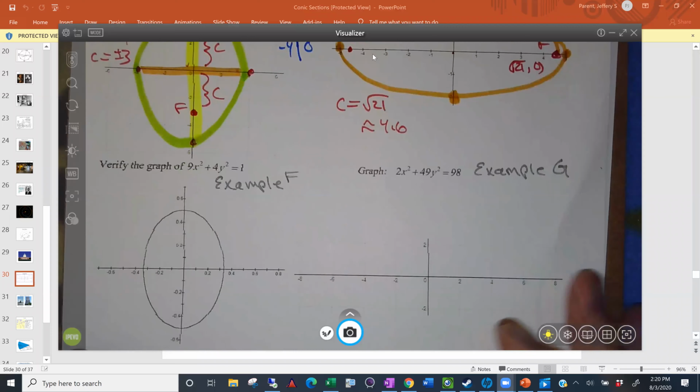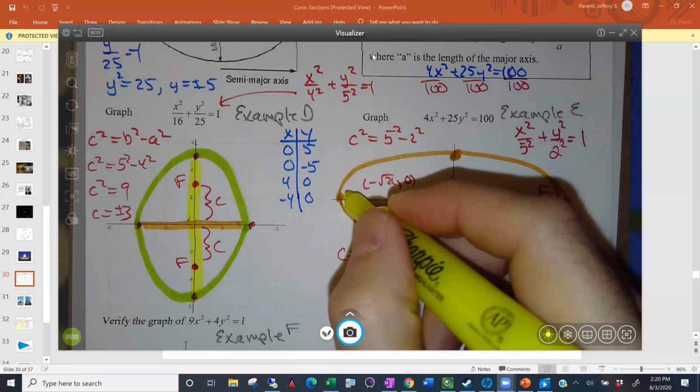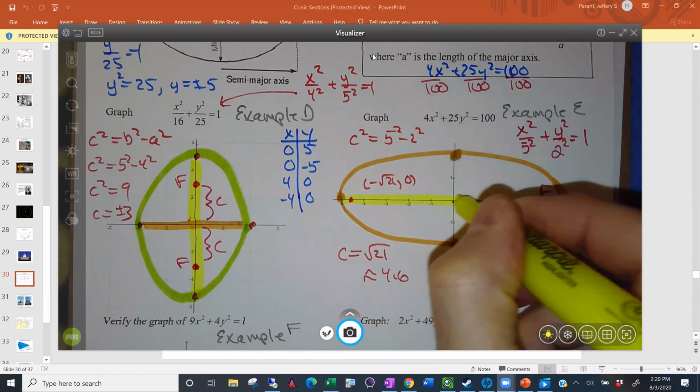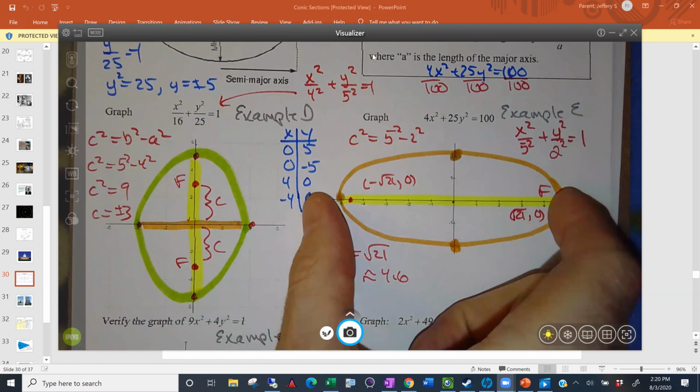I got a question. Why did the previous one have the focus on the y-axis, and this one on the x-axis? Great question. The focus is always going to lie along the major axis. The major axis is going to be the longer of those two.